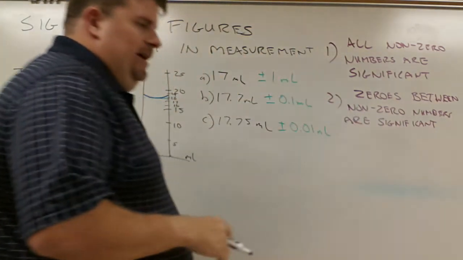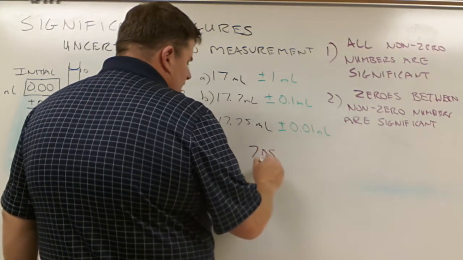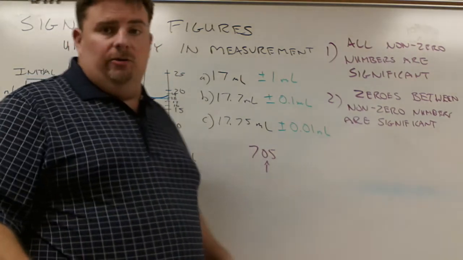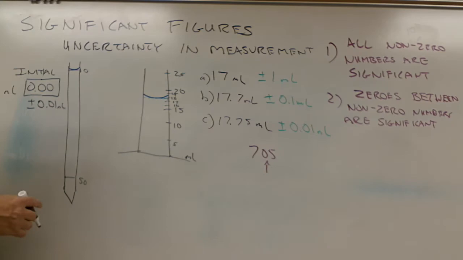Okay, so that means anything that's sandwiched between two non-zero numbers. So if I write the number 705 here, I know that that 0 is going to be a significant value because it has a non-zero before it and a non-zero after it. Okay?